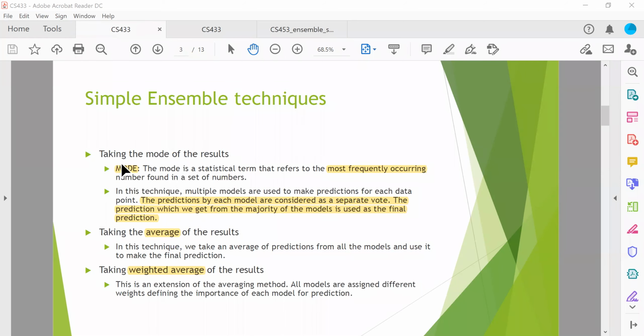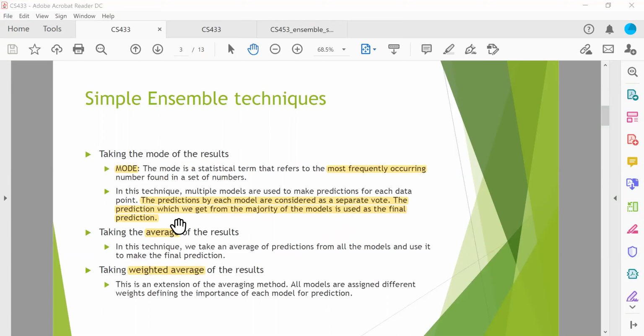So it's based on the most frequently occurring items. The predictions are considered separate votes, and we take the majority of the models as the final prediction. So this is the mode.